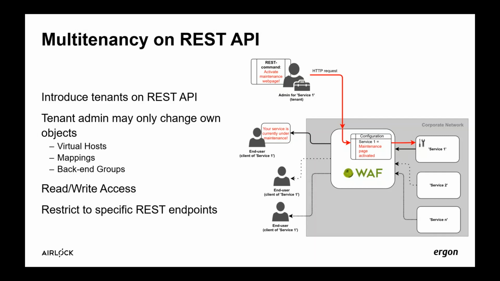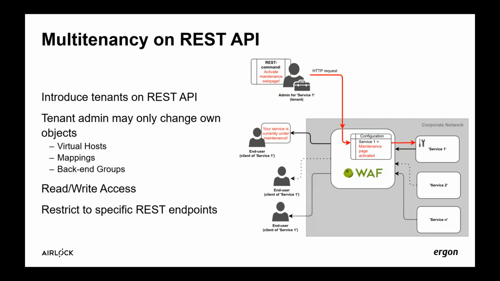And now there was the introduction of tenants. Tenants means that you can define a tenant on the objects inside the WAF. So the virtual host, the mappings, the backend groups. And then you can add an admin which belongs to a tenant.